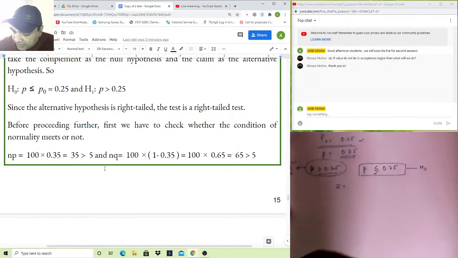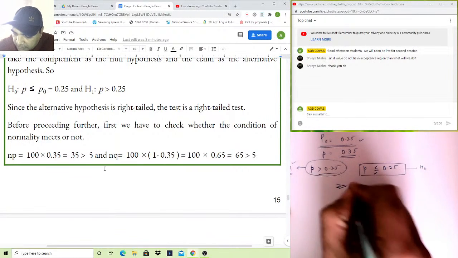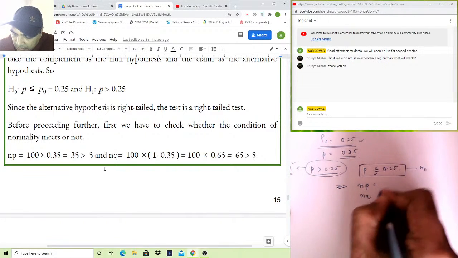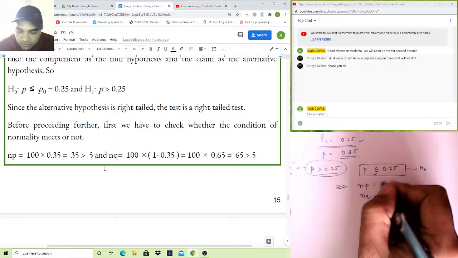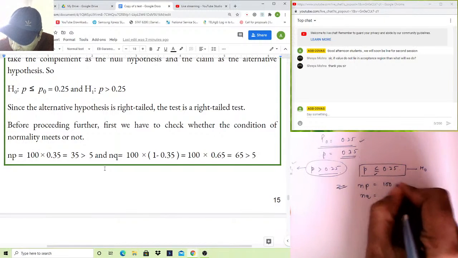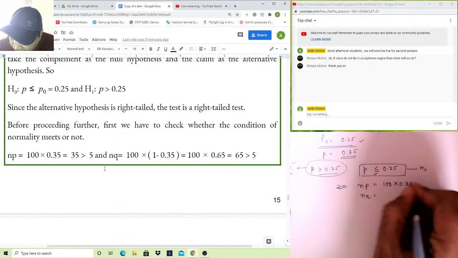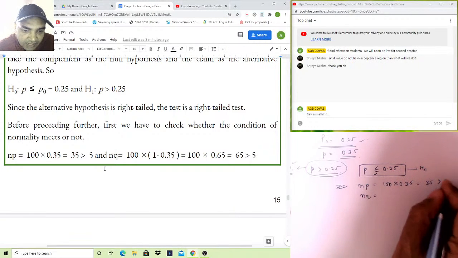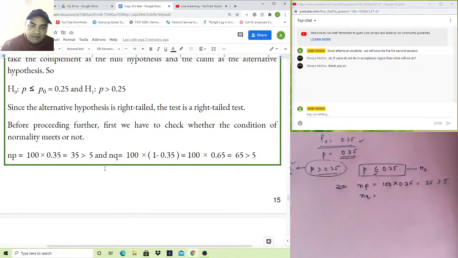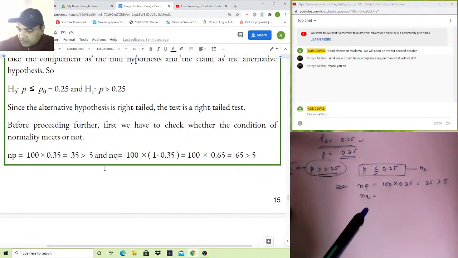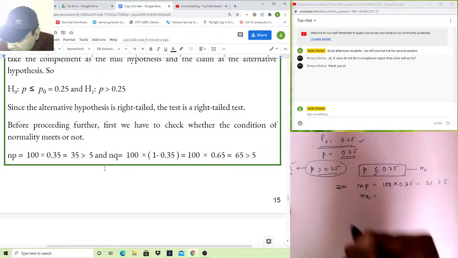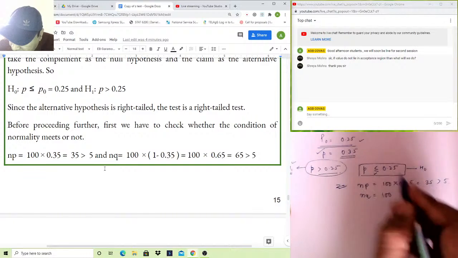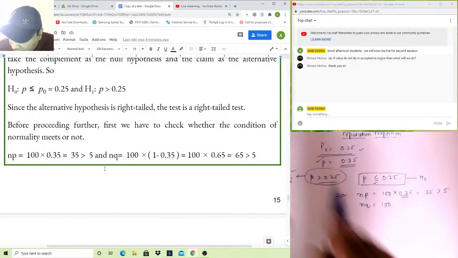Now we will be applying our Z statistic. But before applying it, we will check whether np and nq are greater than 5 or not. Here, 100 into 0.35 is equal to 35, which is greater than 5. So we can very well apply the Z statistic. Here we have used small p.